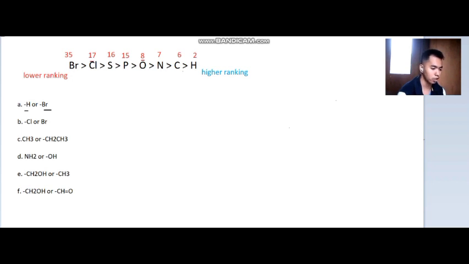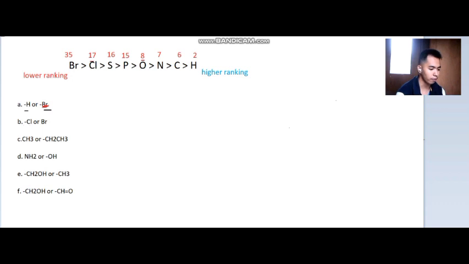As we can see in our chart here, hydrogen has an atomic number of 1, while bromine has an atomic number of 35. So 35 ranks higher, which means that bromine ranks higher than hydrogen.